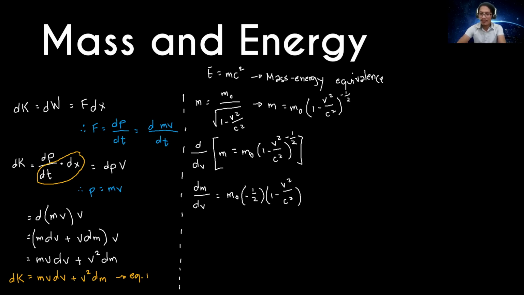Remember pa, na kapag sa exponent rule tayo, subtract natin dito ng minus 1. So negative 1/2 minus 1 is negative 3/2. Now, chain rule ito. So we are going to differentiate this term na nasa loob. So differentiate natin si 1 minus v squared over c squared.